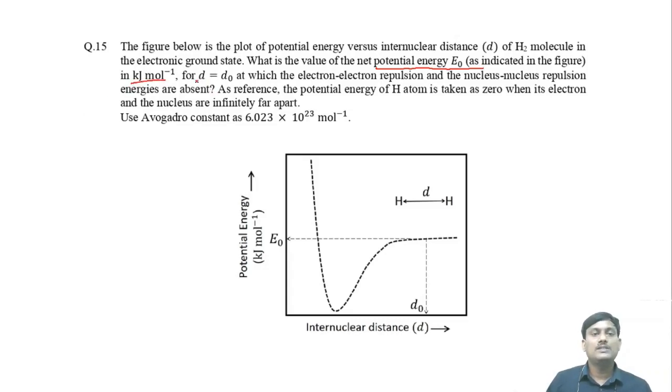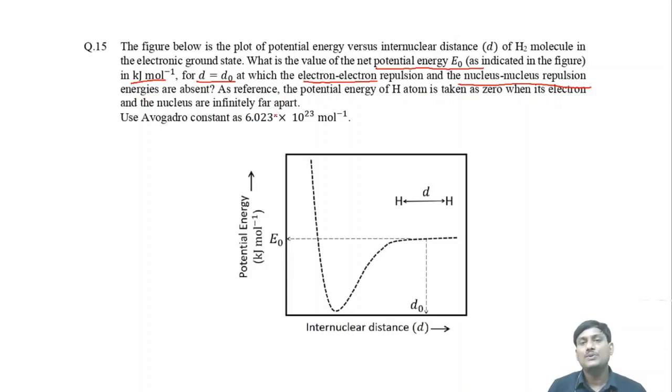For d is equal to d naught, there are no electron repulsions and no nucleus repulsions, energies are absent. As reference, the potential energy of H atom is taken as 0 when its electrons and nucleus are infinitely far apart.